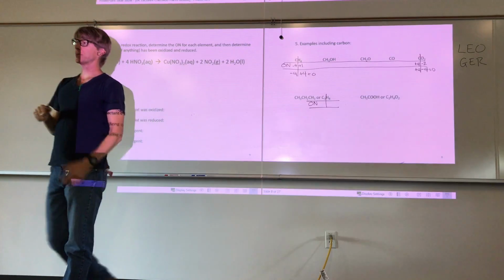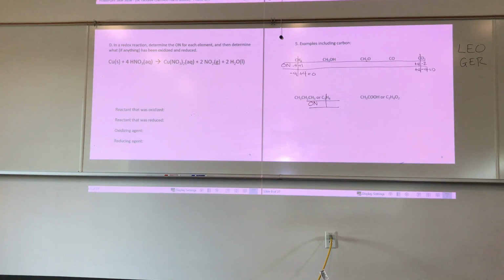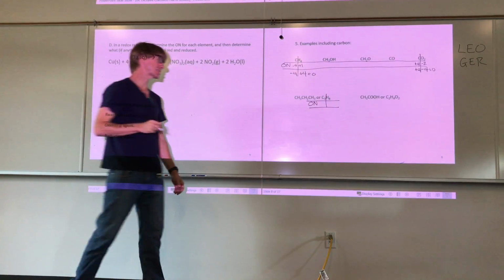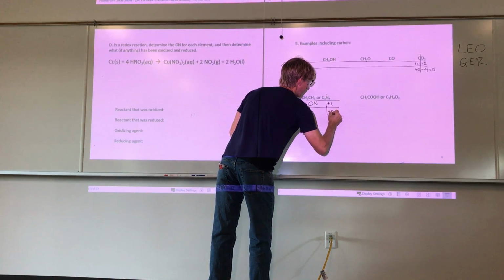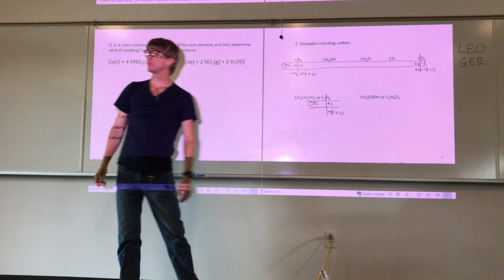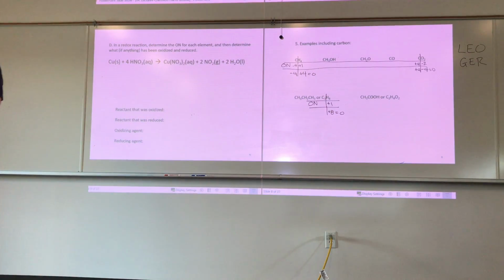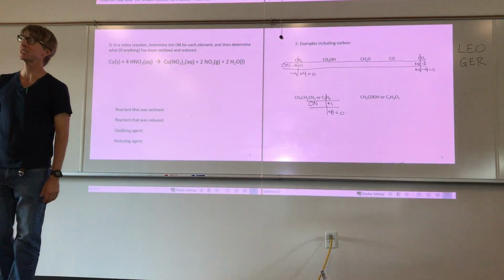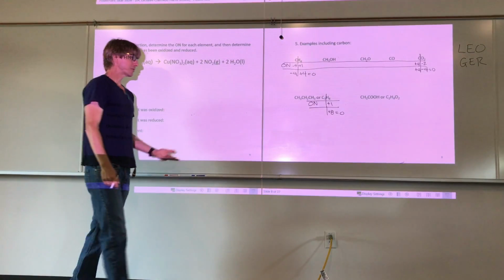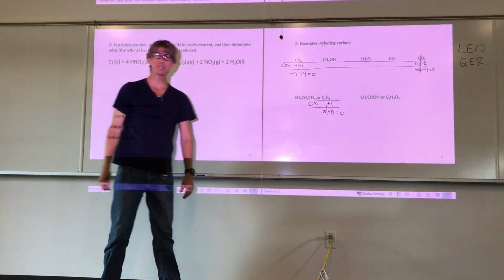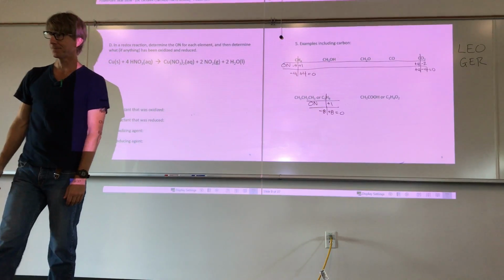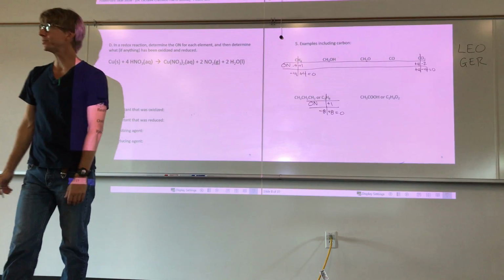This is a nice example because it has multiple carbons, so we get to see how to handle that. It has multiple hydrogens. Each hydrogen is still +1. There are 8 of them, so that's +8. There's no charge again on this species, so the sum of the oxidation numbers has to equal 0. And for this one, I know that my carbons have to total -8, and there are 3 of them.